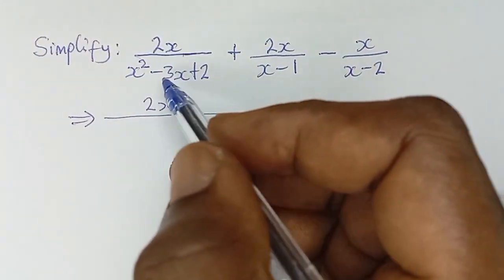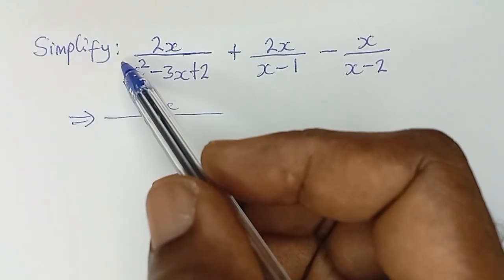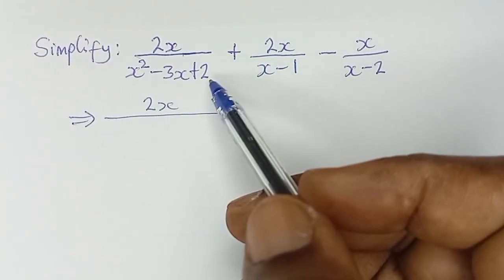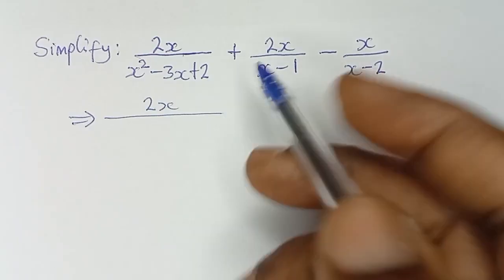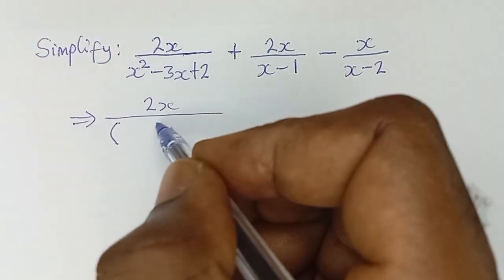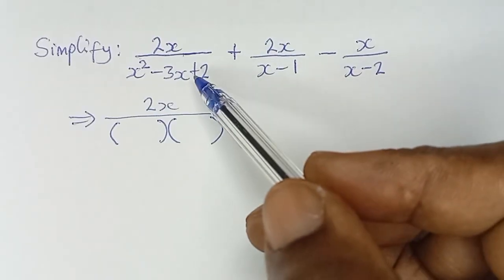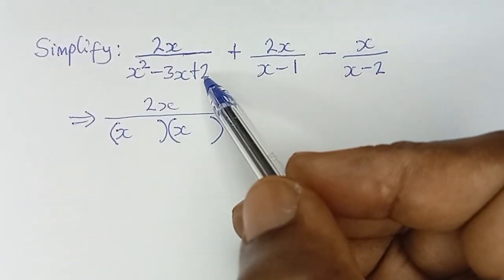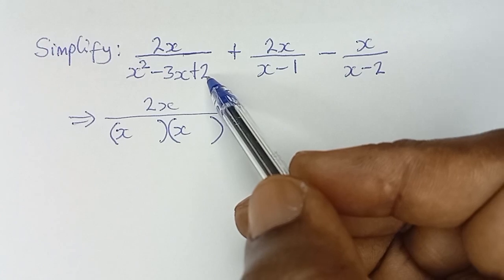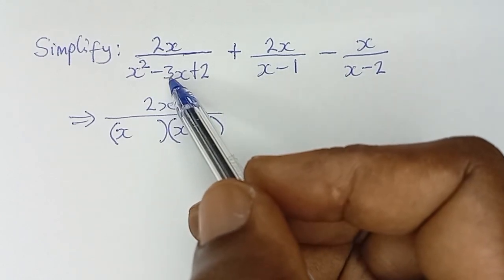To factor this, since the coefficient of x squared is 1, because this is like 1x squared, the simple way would be to open up a bracket like this. You now look for two numbers such that their product is positive 2 and their sum is negative 3.